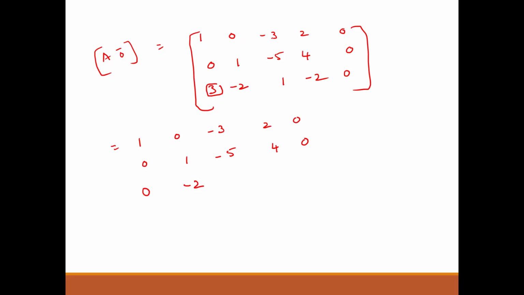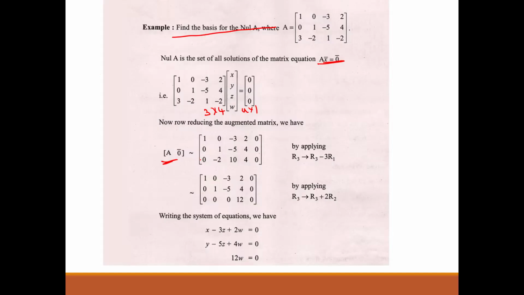Next 1, minus of minus 9, 1 plus 9, 10. Next minus 2, this is 6, 6 minus 2, that is 4. So here you see 0, minus 2, 10, minus 4, 0.